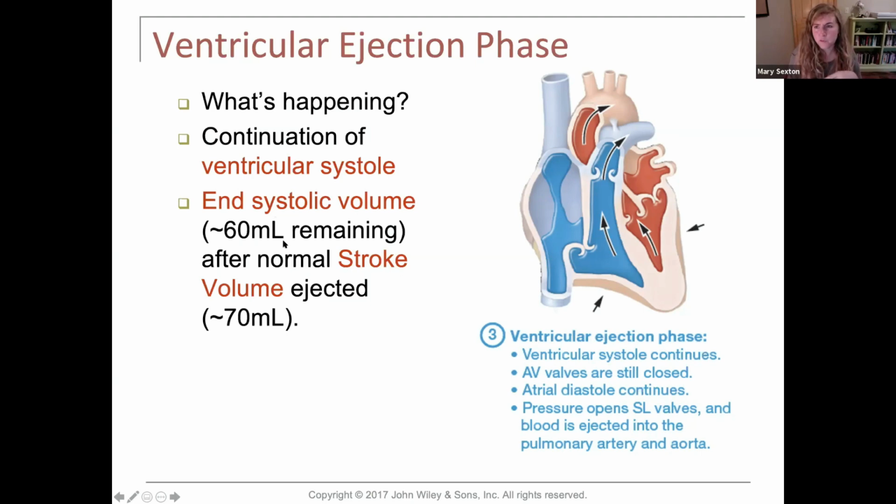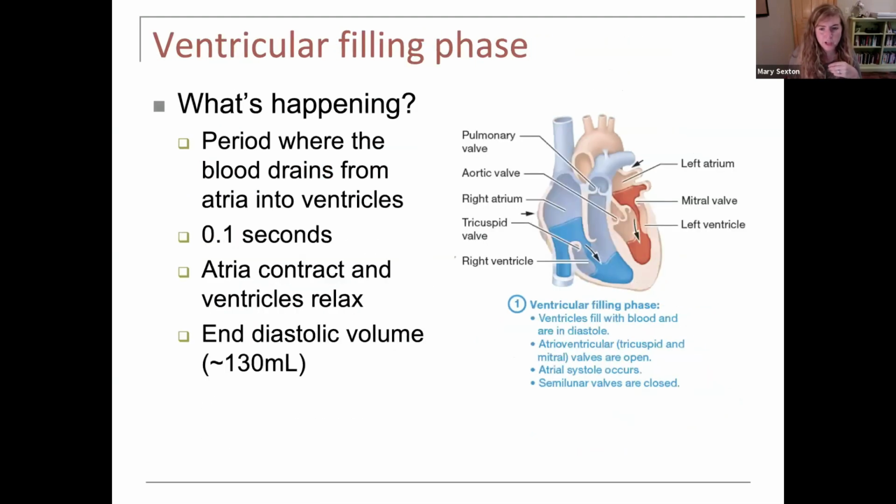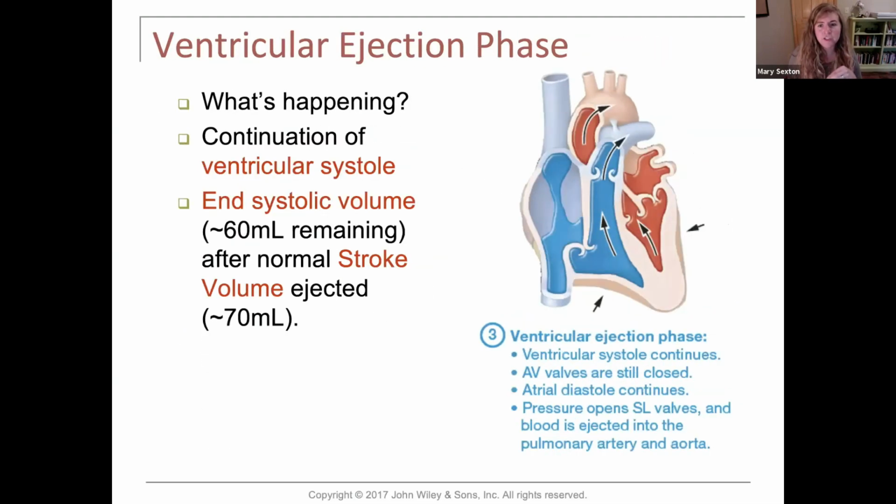But what was a full ventricle? Remember, a full ventricle at end diastolic volume was 130. So if each ventricle had 130 milliliters in it, and after they contract they have 60 milliliters in it, that means they only pumped out about 70 milliliters per ventricle, which is just slightly over half of the blood in each ventricle. That's interesting because that's not 100% efficient. There's always about half of the blood left in there.